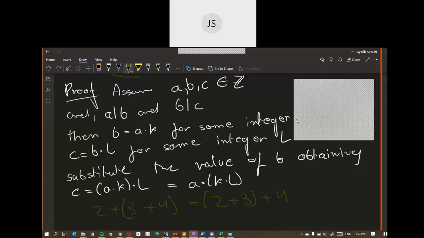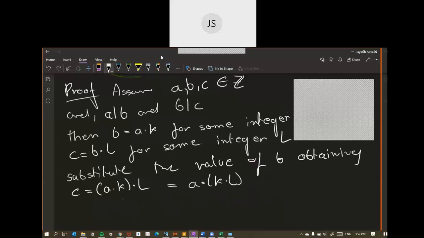If the answer does not change, then we can say that this operation is associative. So this is associativity. And since we know that integer multiplication is associative, we can say that C is equal to A times KL.